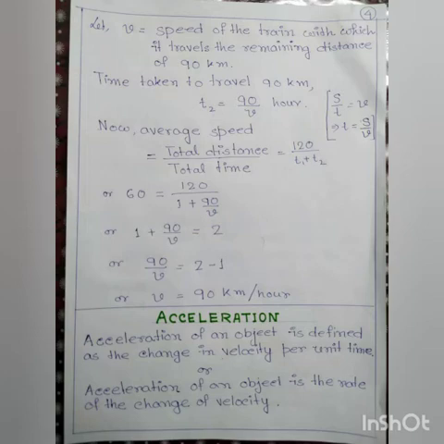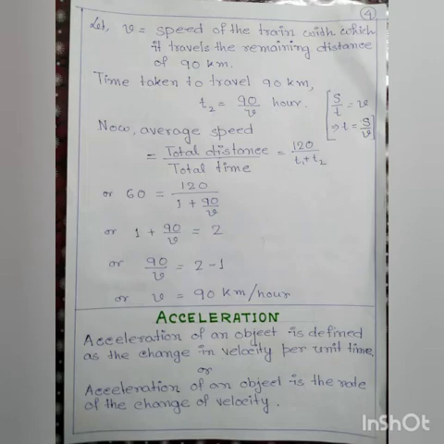Now what is average speed? We have to calculate average speed. Average speed is total distance by total time. Here the total distance is 120 kilometers and total time will be t1 plus t2. And t1 we have already calculated as 1 hour, and t2 equals 90 by v hours.